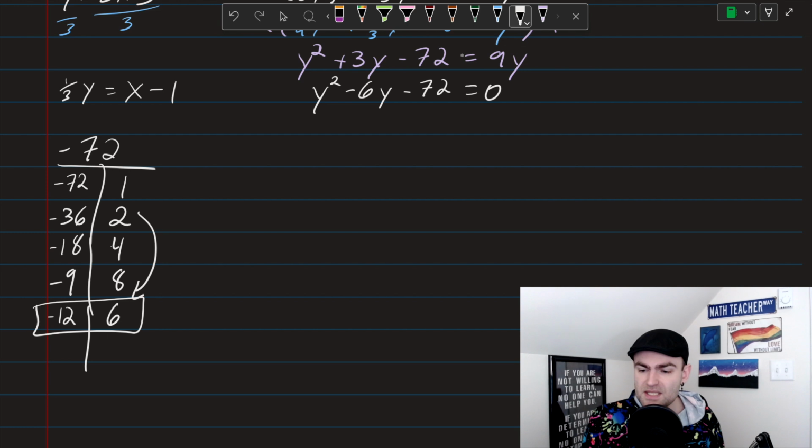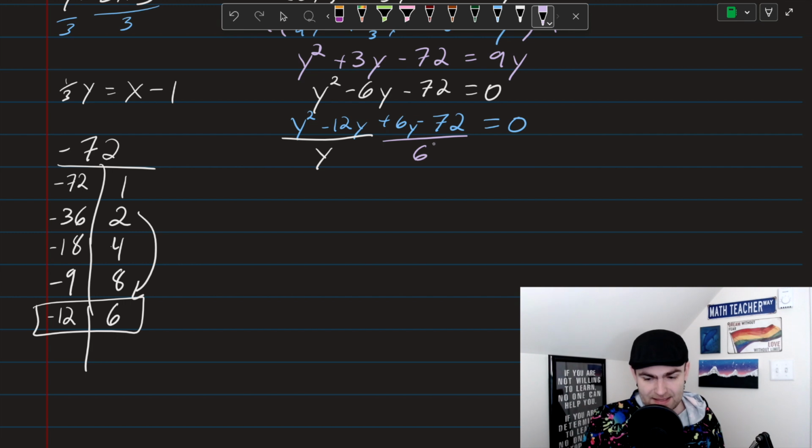So what I'm going to do is I'm going to split this one up. So I have y squared minus 12y plus 6y minus 72 is equal to 0. Greatest common factor here would be a y. Greatest common factor here would be 6.